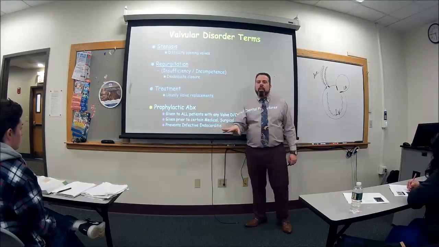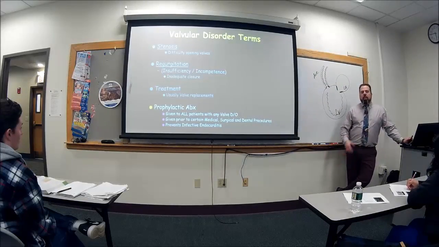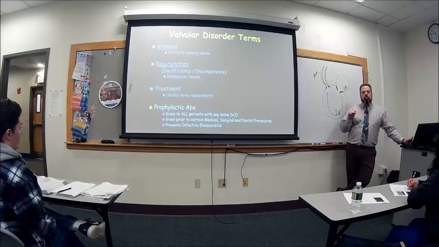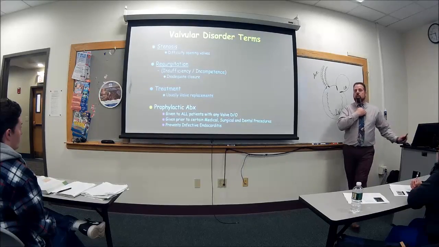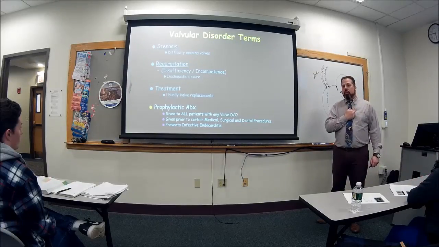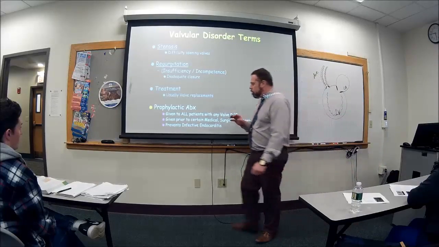But anybody who has any kind of dental procedures or certain medical or surgical procedures, and they have a valvular disorder, whether mitral stenosis or mitral valve prolapse, they have to be given prophylactic antibiotics to prevent this disease, which is called endocarditis, from happening on the valves. All right? Who here has heard that certain people need to get certain antibiotics during just getting cavities out or putting them in, right? You've heard about this. Okay. So we'll get more into that later on.